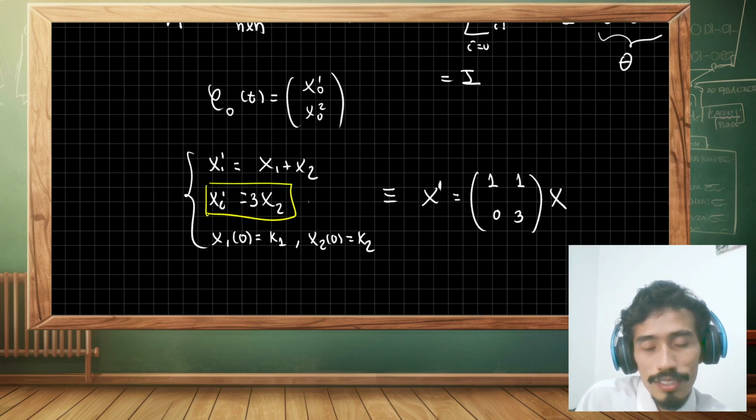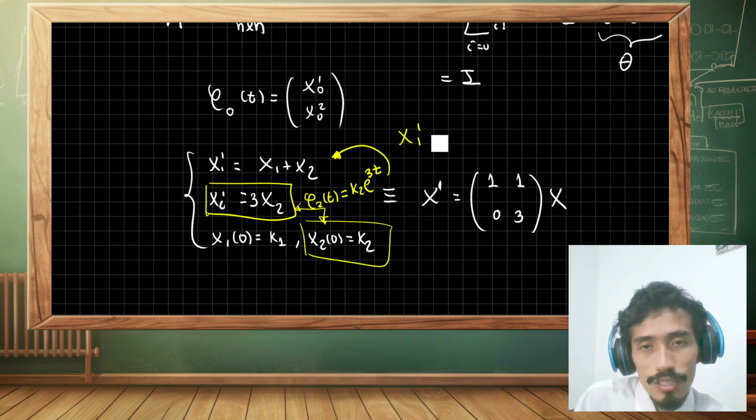Yeah, you could do this by the exponentiation of this matrix, but also you could solve this by solving this equation first, because you know that this is a Cauchy problem. You have a solution which is k2 times this, so you replace this here and you will have a non-homogeneous linear differential equation, this one.